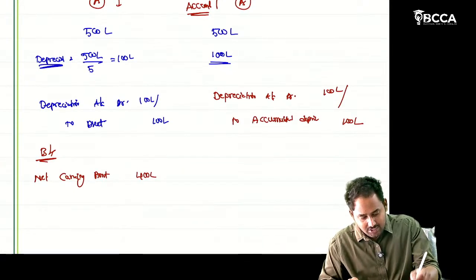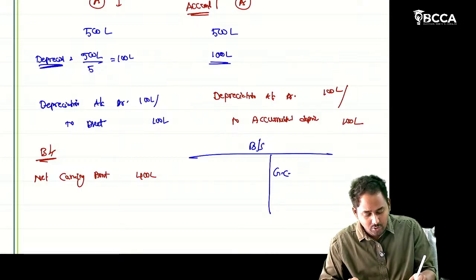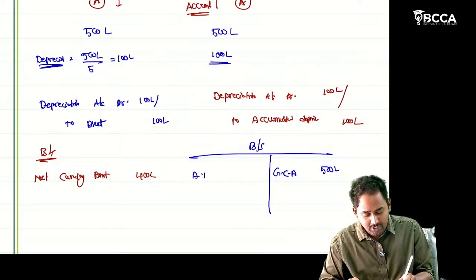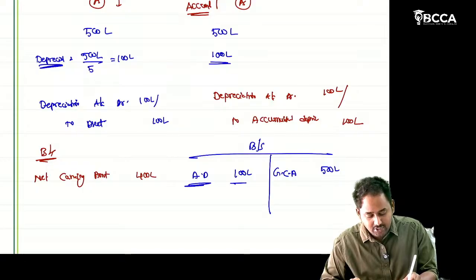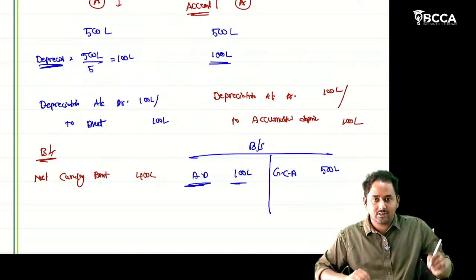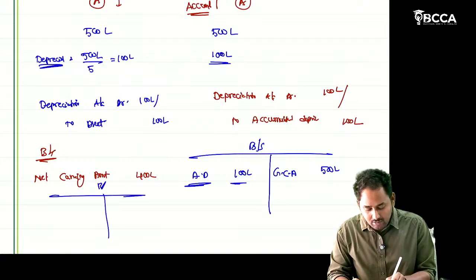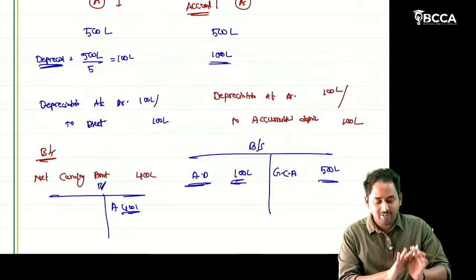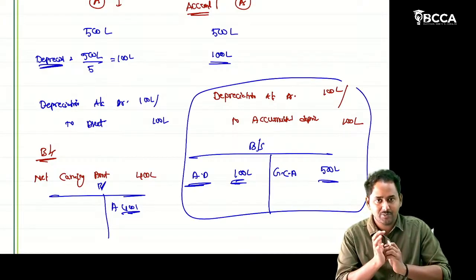In the balance sheet, the asset is shown at gross carrying amount, that is 500 lakhs, and accumulated depreciation as a liability, 100 lakhs. So instead of writing 400 lakhs on the asset side, I am writing 500 lakhs on the asset side and 100 lakhs on the liability side. In our current problem, they are following this approach. So that's why we are facing some difficulty.